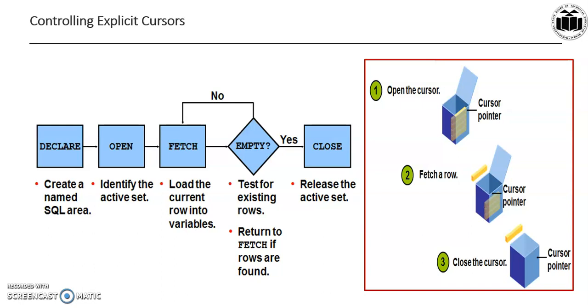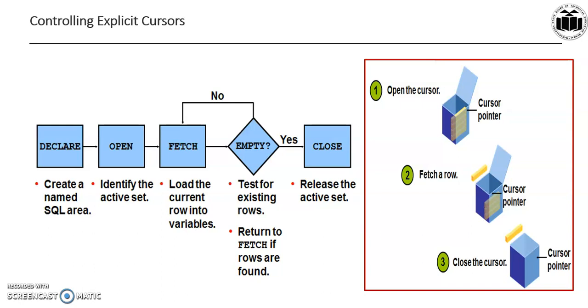If it is not empty, then repeat the fetch operation, and if it is empty, then close that cursor. So here, while checking that active set, it is nothing but testing for the existing rows, whether we can have multiple records to fetch or not.